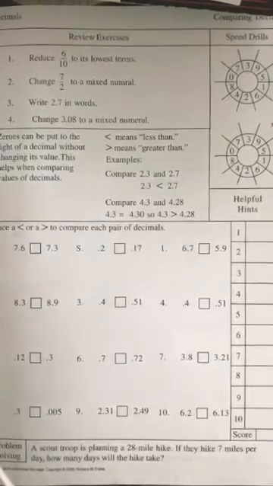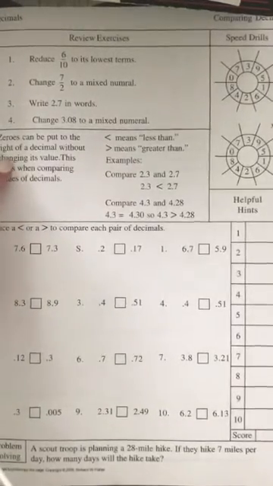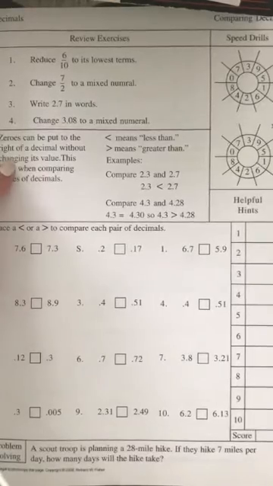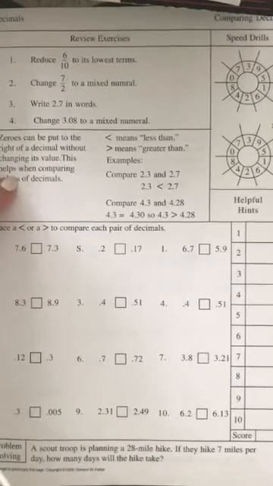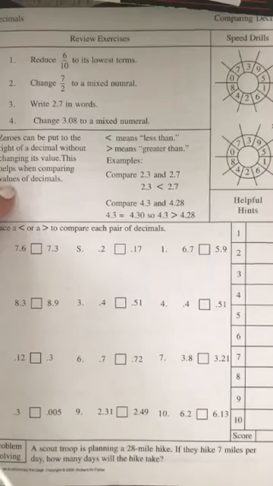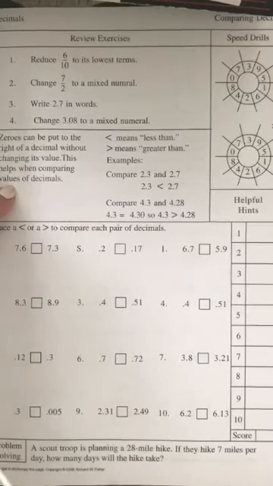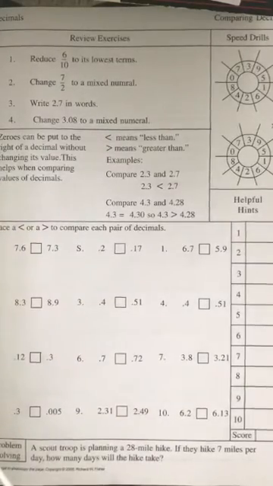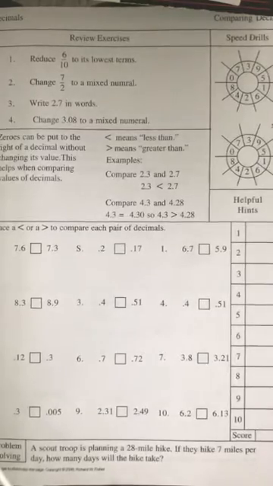It says zeros can be put to the right of a decimal without changing its value. This helps when comparing values of decimals. So what does that mean? Just like on the previous page, yesterday, Monday, I added a zero to make that a dollar amount.